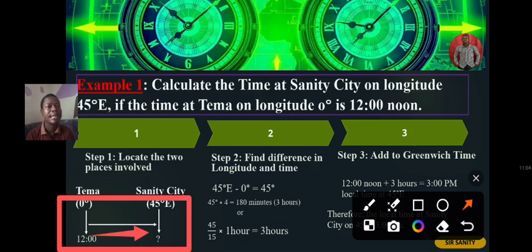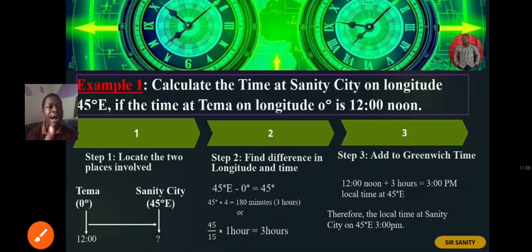Then the next one says we should find the difference in longitude and time. Because one is on 0 degrees and the other on 45 degrees, on the Greenwich meridian, whether you subtract or add, it will give you the same thing. If I add 0 to 45 or take 0 from 45, it still gives me 45.